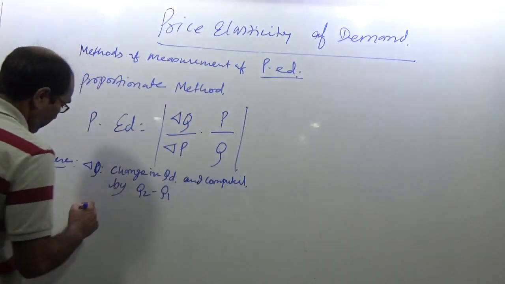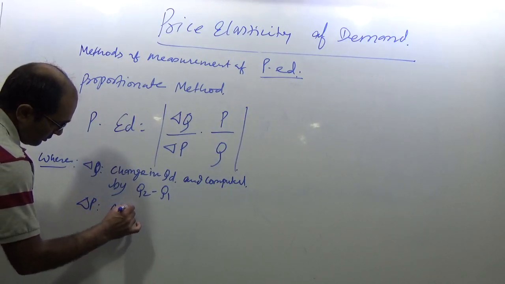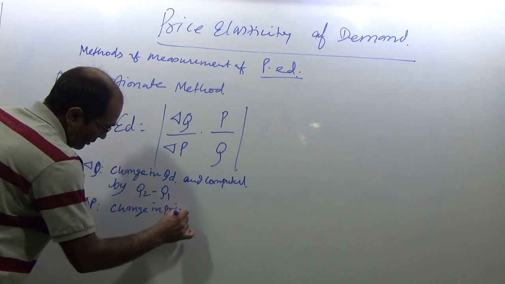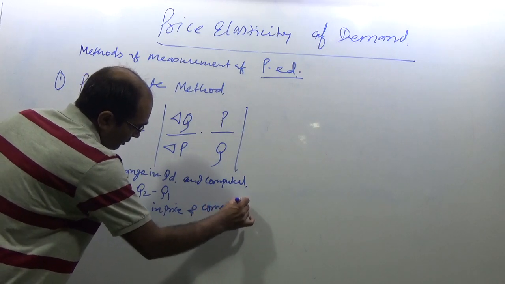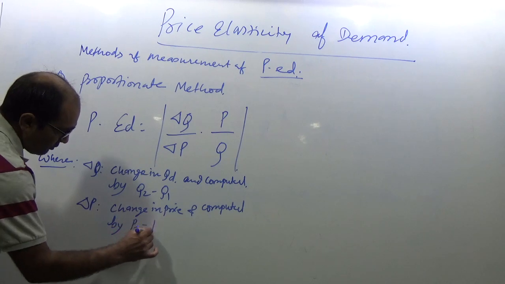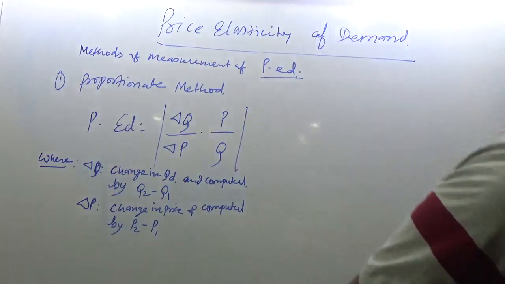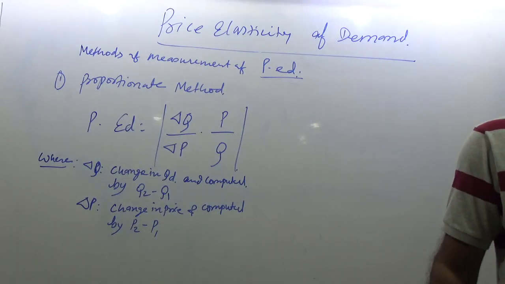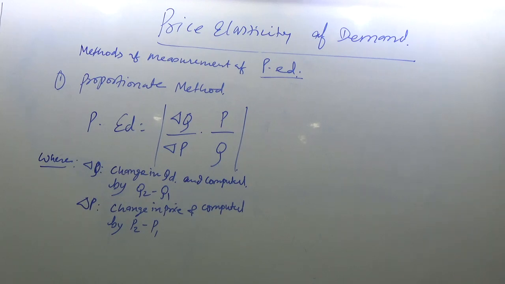Delta P stands for change in price and computed by P2 minus P1. Q stands for original quantity and P stands for original price.